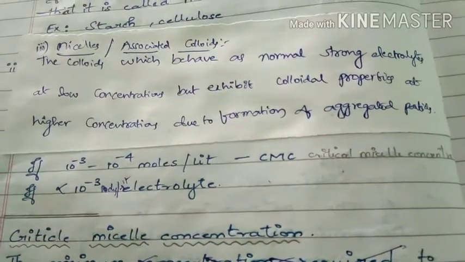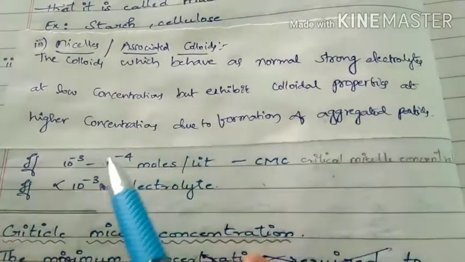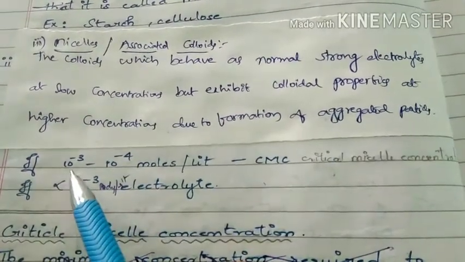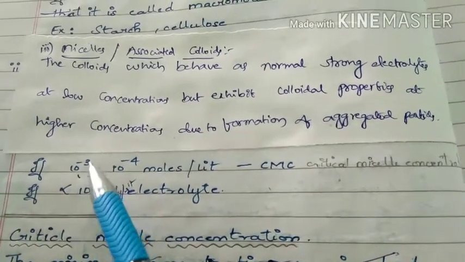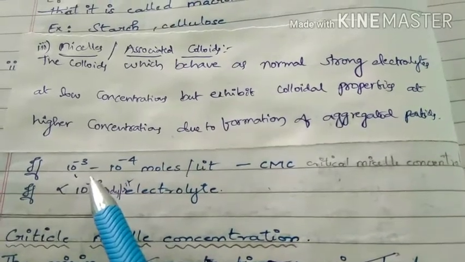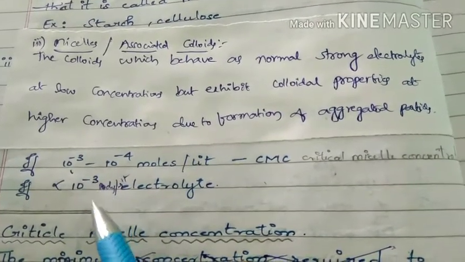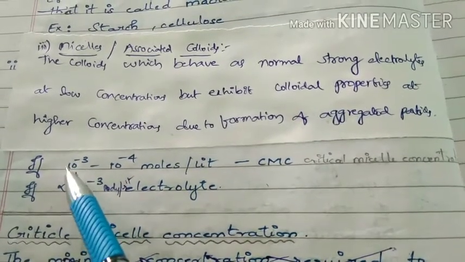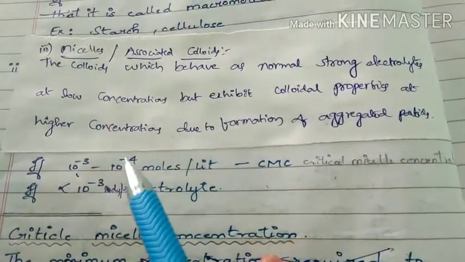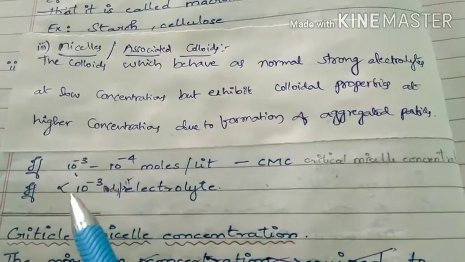But if the concentration is more than 10 to the power of minus 3, then that soap acts as a colloidal solution. Because more than 10 to the power of minus 3 means more number of molecules are present compared to here.